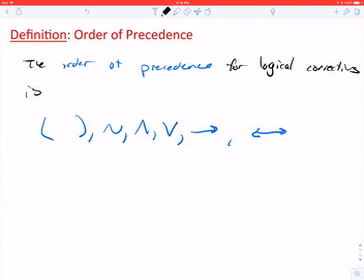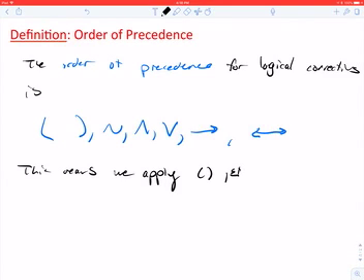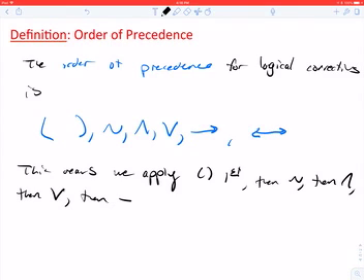So this means we apply the parentheses first, then the not, then and, then or, then the implication, and finally the biconditional.